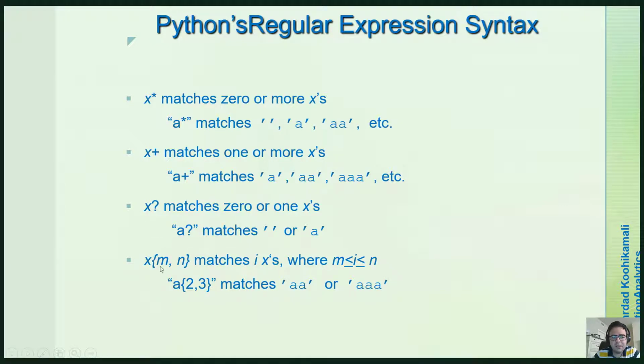And then X{M,N} matches the number of times X, where I is between M and N. So if you have A{2,3}, that would be a matching of 2 or 3 times of character A. Right? So for example, if you're looking for odd numbers, you can have an even number type of pattern inside it that you're looking for.